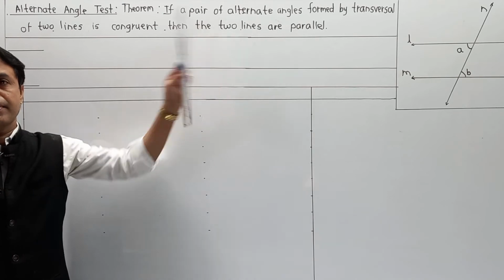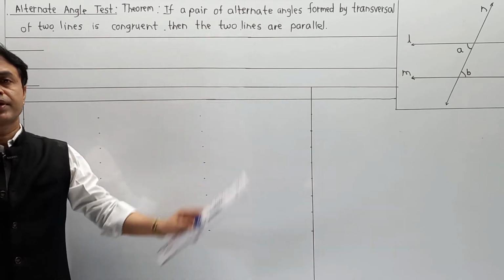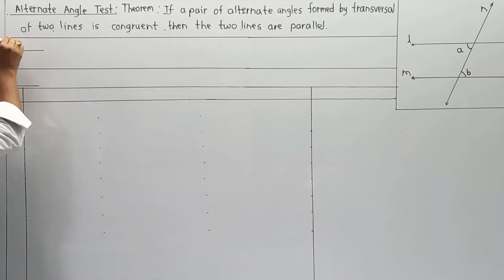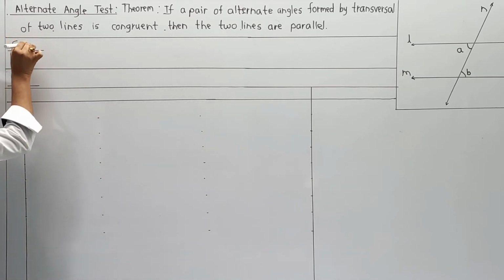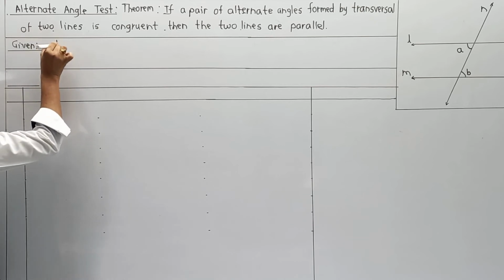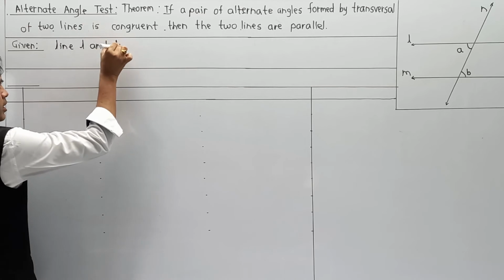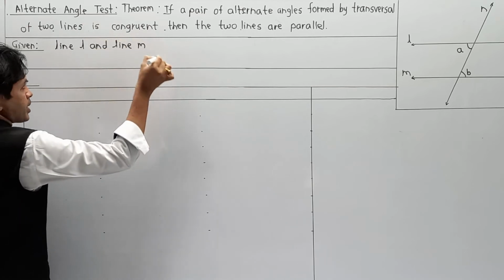Now, as per described on the diagram, we are going to write all the parts in terms of given and to prove. So first of all, given: line L and line M are two lines.